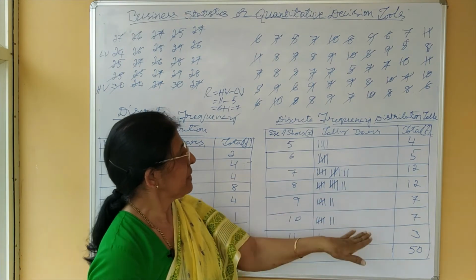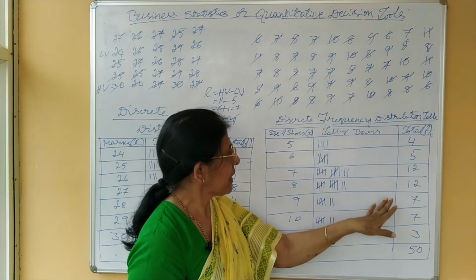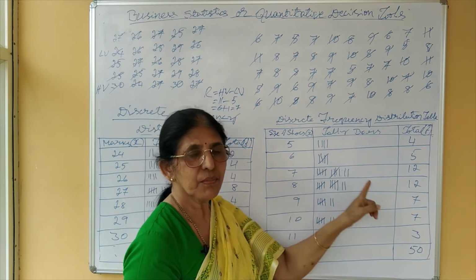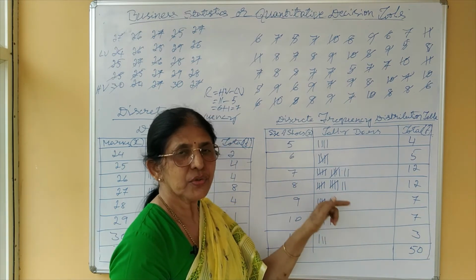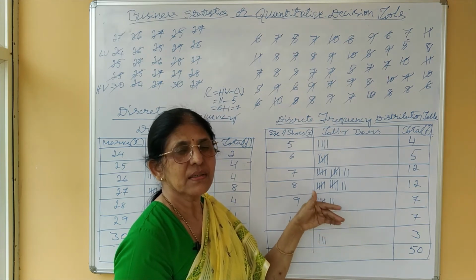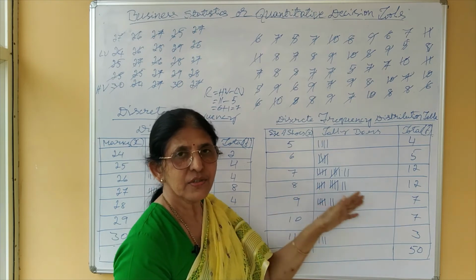Now, by looking at this, the shopkeeper can decide for which size of shoes there is more demand, and he may forecast what stock of different sizes of shoes he has to maintain.